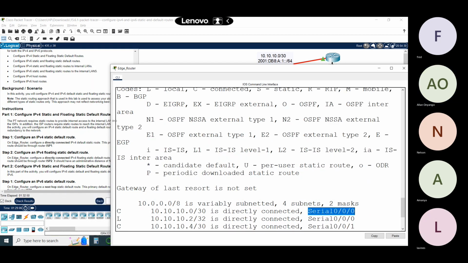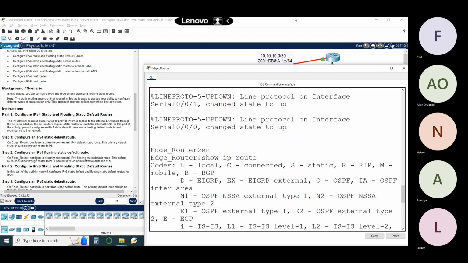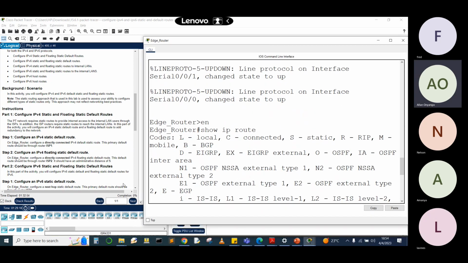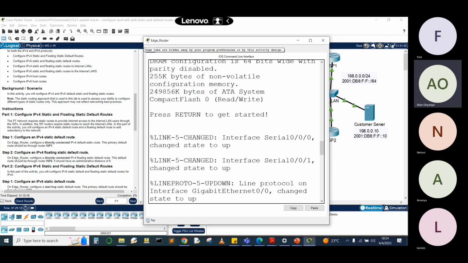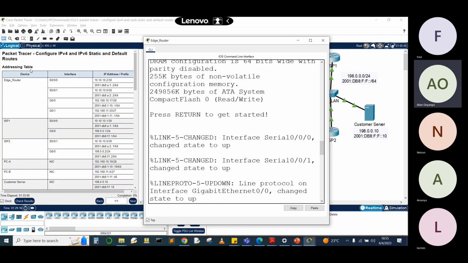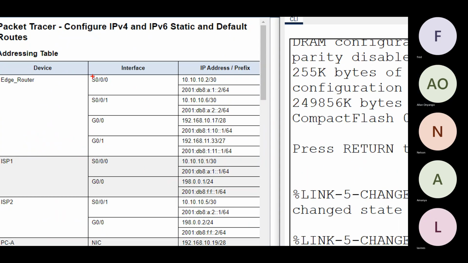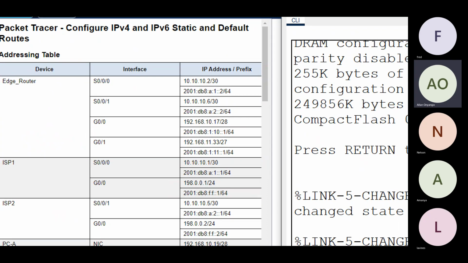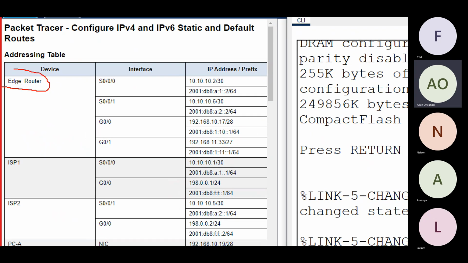Like I said, the other way would be, I just want to put this on hold here. The other thing will be go to the routing table or to the IP address table and look for this. This is, of course, our edge router right here, and these are the IP addresses of the edge router. So these interfaces, which interface has 10.2?